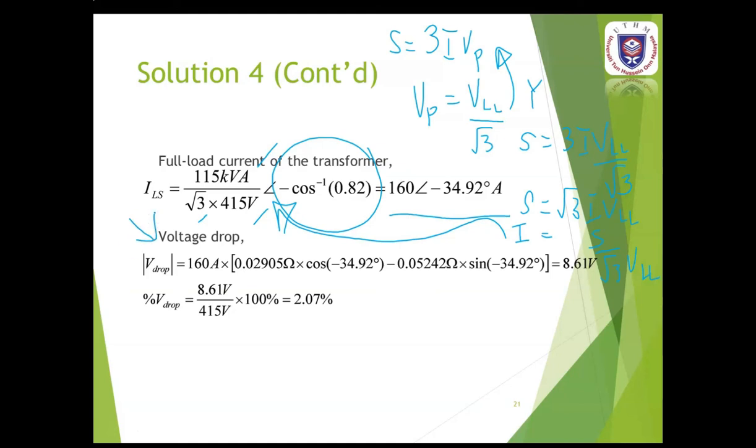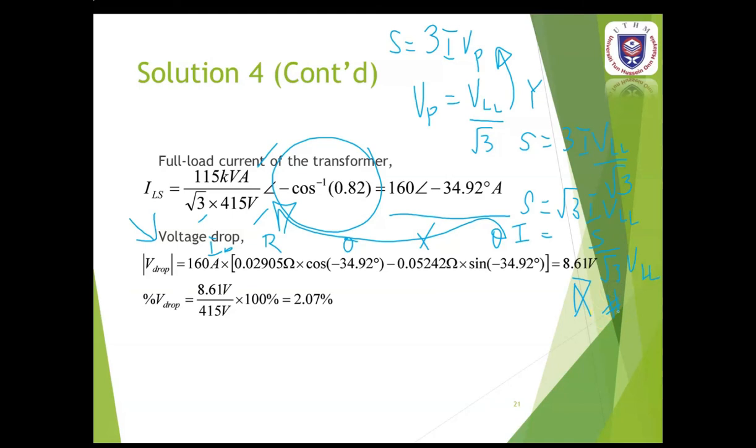For the voltage drop, you use the previous equation: V drop equivalent to I times R times cos theta minus the reactance of the transformer times sin theta. Then you get the voltage drop, which is 8.61 volts. This is the magnitude of the voltage drop.